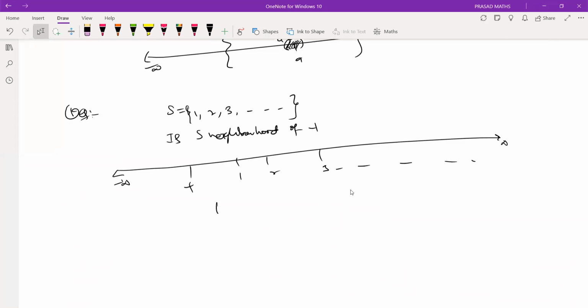Because if there exists such a neighborhood around minus 1, what is the neighborhood around minus 1? Minus 1 minus epsilon, minus 1 plus epsilon. Suppose such a neighborhood is possible, contained in the set S. But what is my set S? 1, 2, 3, 4, going on.